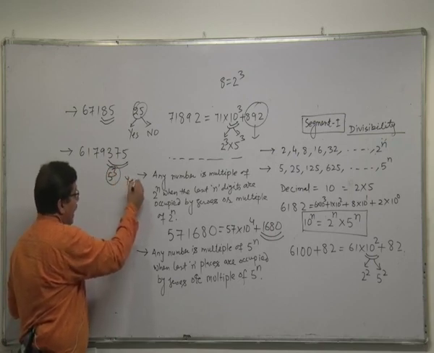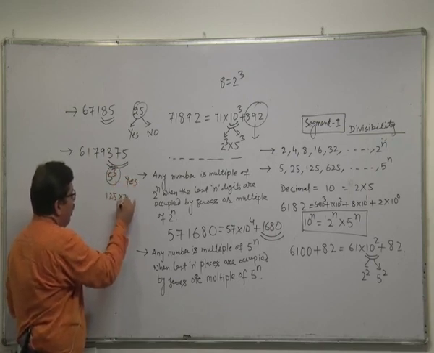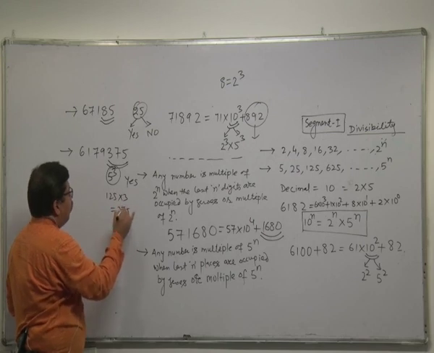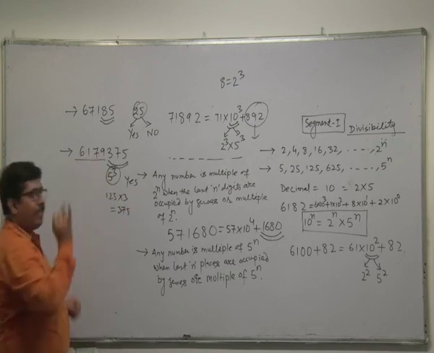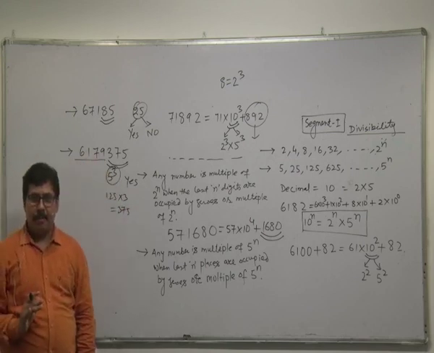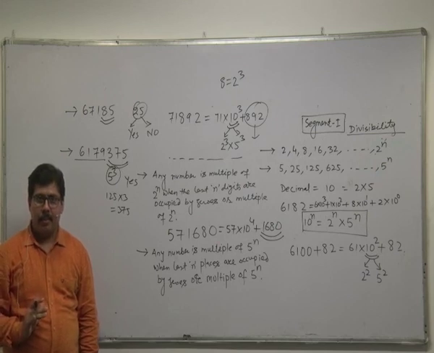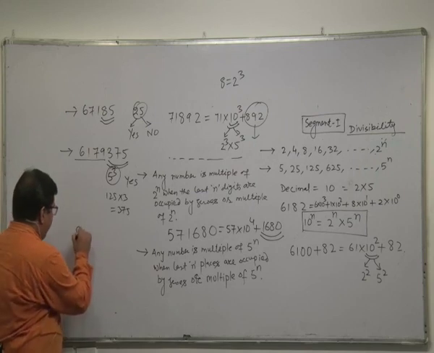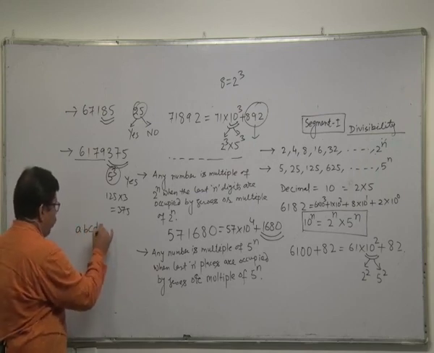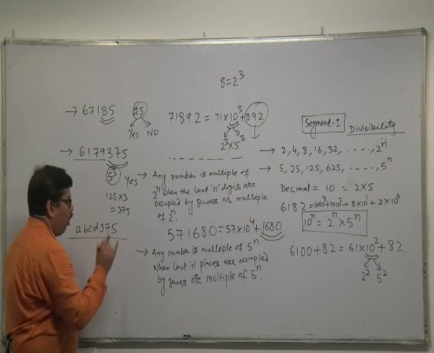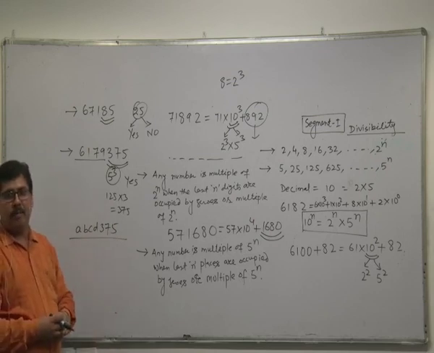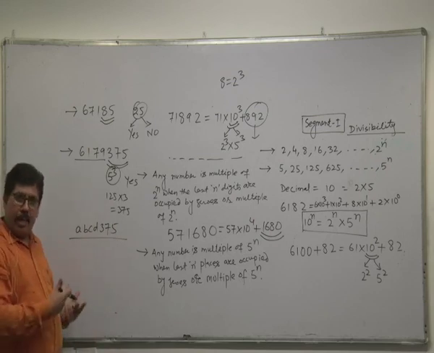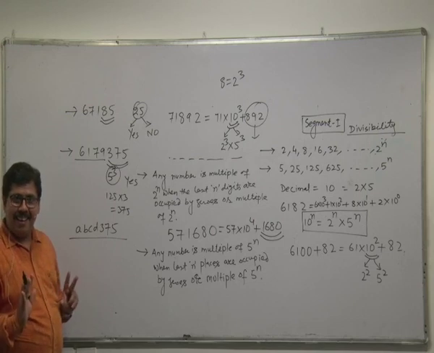Answer is yes. Whatever the digits before 3, 7 and 5, the number is definitely a multiple of 125. If I write A, B, C, D, 375, it is a multiple of 125. We have so many possibilities for A, B, C and D.